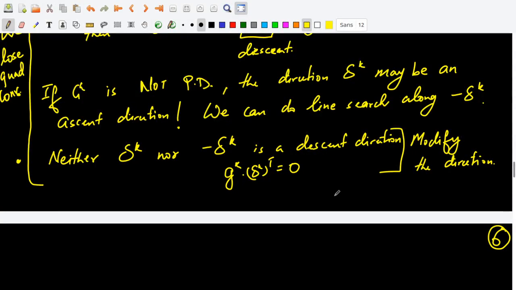This modification of the direction may also be required in the above 2 points. Even though I may have a descent direction, it may not be a great descent direction, so I might want to search in a slightly different direction.